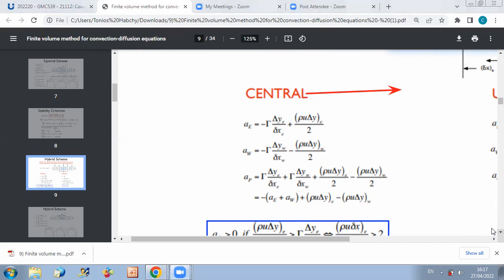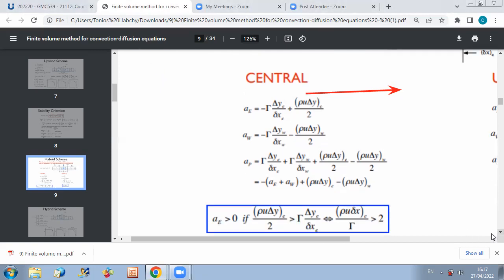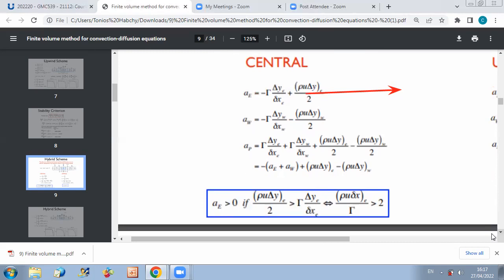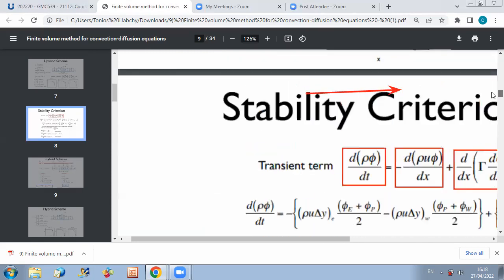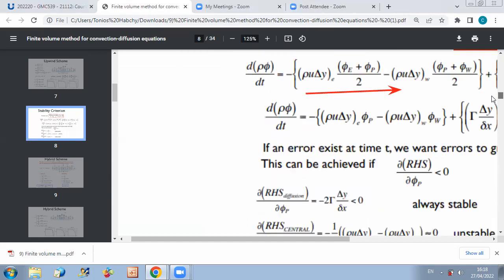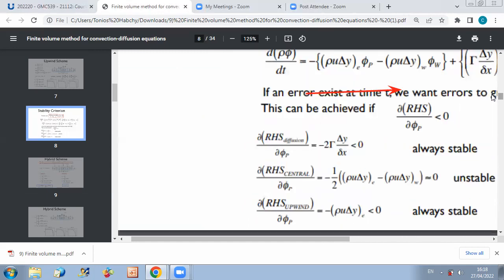Now, if we apply the criterion of stability, if you remember, when we take the derivative of the right-hand side with respect to phi P, we have seen that the condition of stability is to get a negative result.